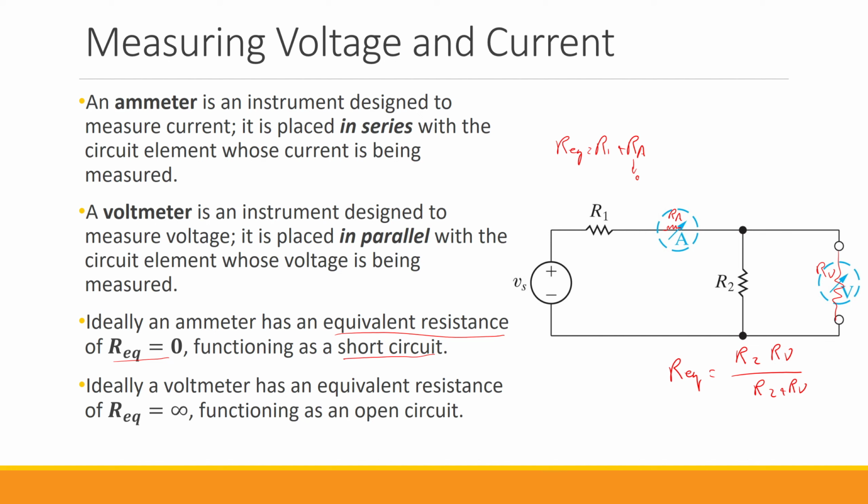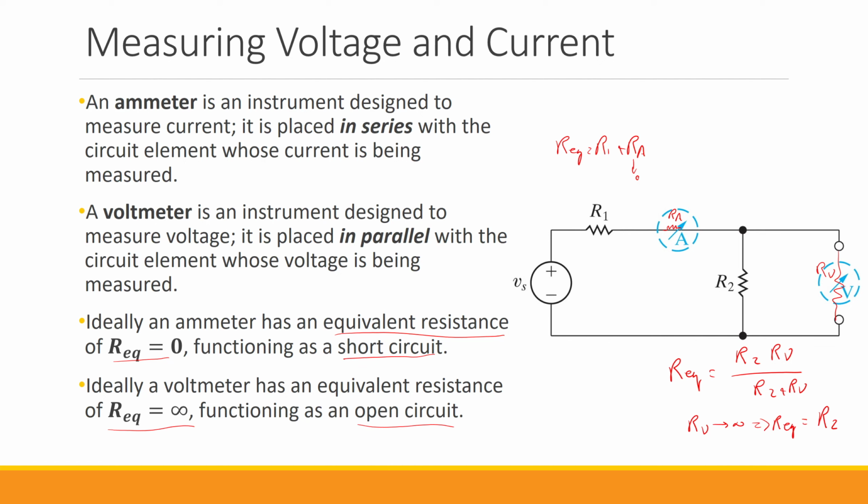If you remember from before, when RV is very large or goes to infinity, Req for the two resistors that are in parallel will be R2. So ideally speaking, a voltmeter has an equivalent resistance of infinity, or effectively it can be considered as an open circuit. So these are the ideal cases.